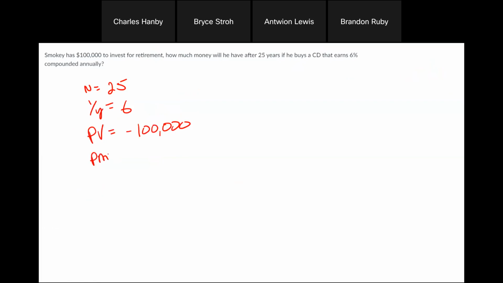Then payment is 0. We're using the PV, our present value, when there's only one payment. If this were a series of payments, we would use the PMT or payment key. Then we compute future value and have $429,187.07.